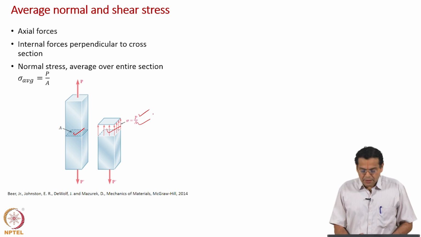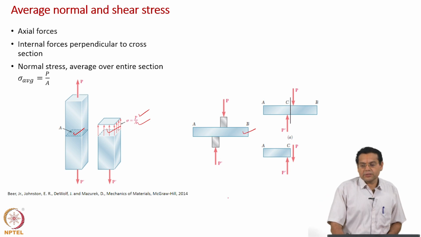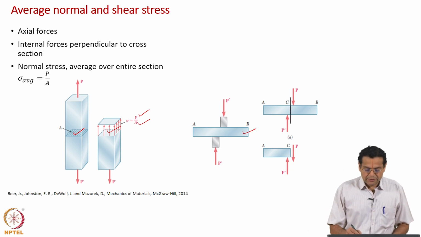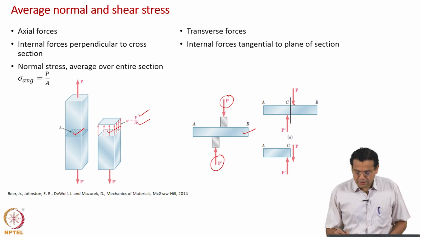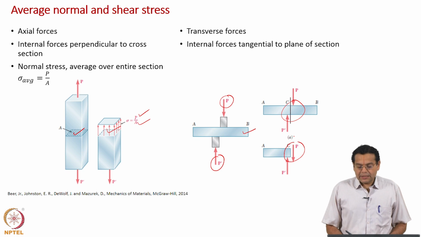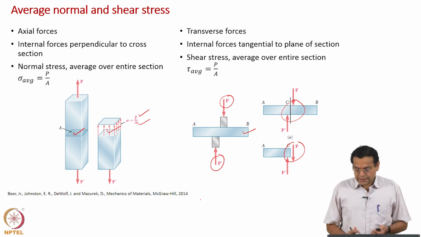Okay. Now let us look at another configuration shown on the right hand side. So, here again you have, let us say, a square rod, but now you are applying transverse forces as shown here. Okay. And once again if you make a section between the 2 points over which the loads are applied, then you will have a section over which there is once again a distribution of forces, and then you take a resultant, and then you take the average of that force, and now that force acts tangentially on the surface.